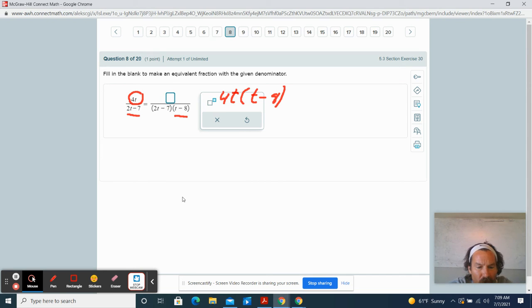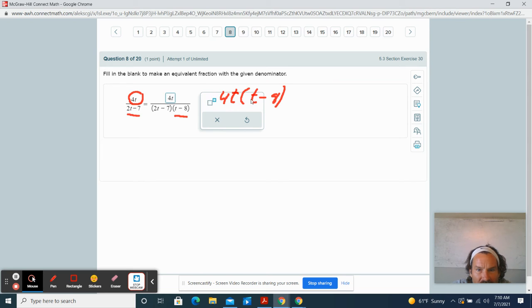See if you can go 4t and then parentheses. Shift, 4t, parentheses. It's not using my parentheses, so looks like we might have to multiply it out.